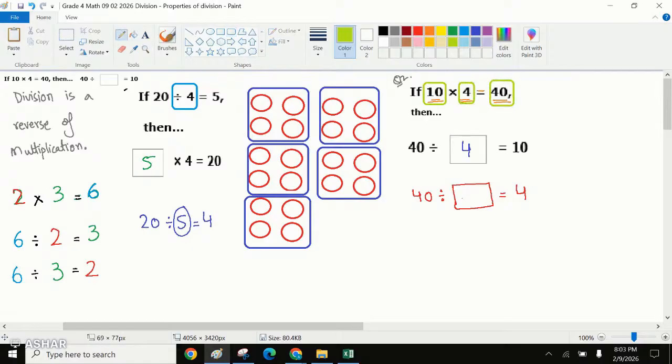That means 40 divided by 4 is 10, or 40 divided by 10 is 4. Either of these statements for the properties of division would be correct. So this was for question number 2.